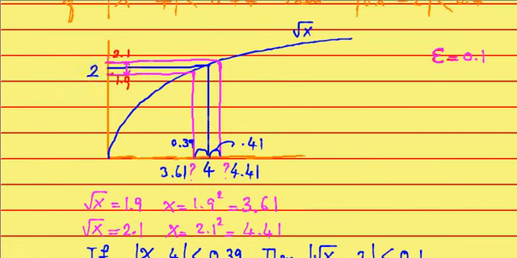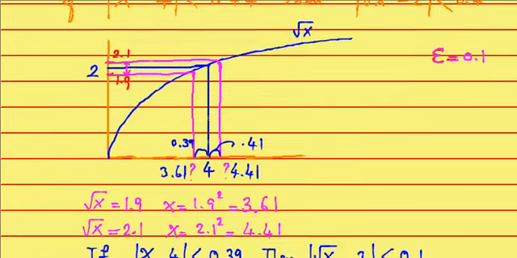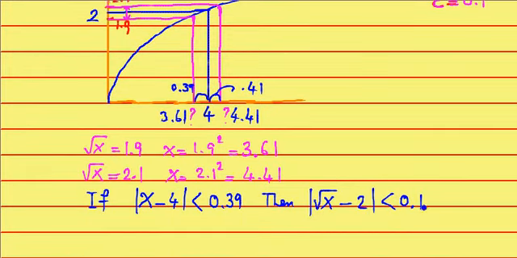So up here we had this. If this is less than 1.44, then radical x differs from 2 by 0.4. This was a more forgiving trap. This was a wide trap. I'm coming here making the trap much tighter. As a result, this is going to be also much tighter.